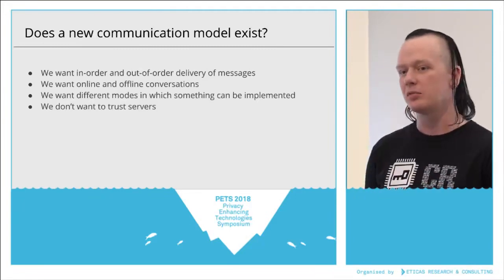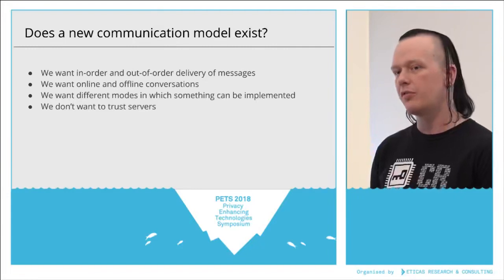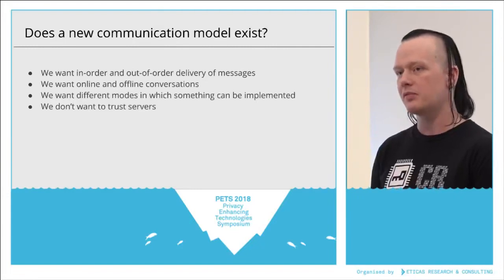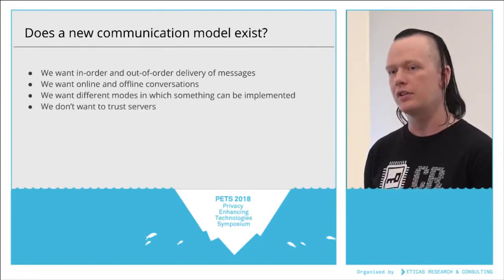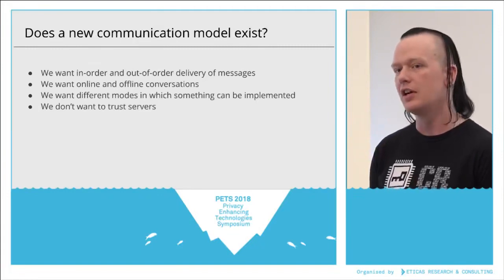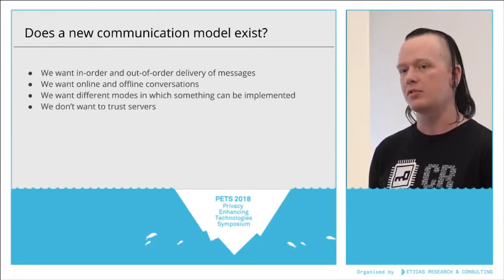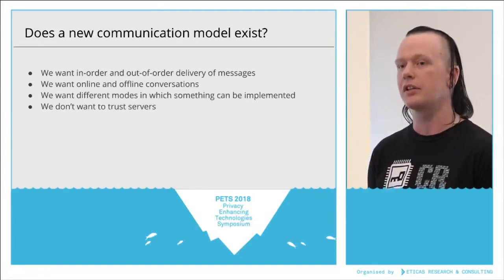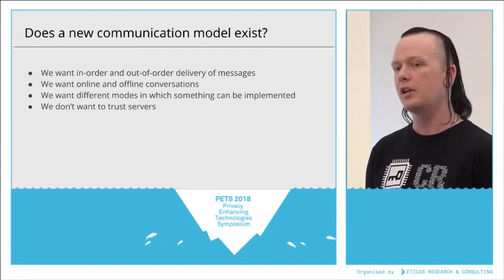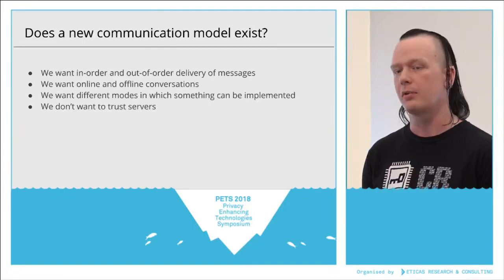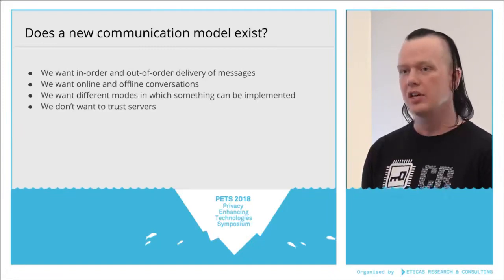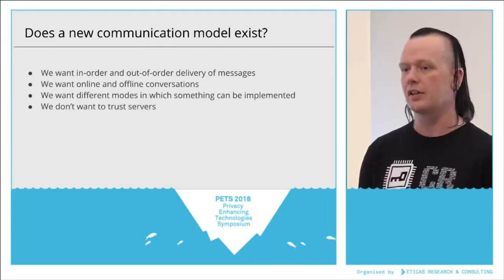At the same time, we don't want to trust servers. So OTR version 4 does have an optional server component in order to support offline communication, but we've tried to minimize the trust, and in fact, this server is completely untrusted, and the only kind of attack that should be possible from it is denial of service, which is possible in several other scenarios anyway.